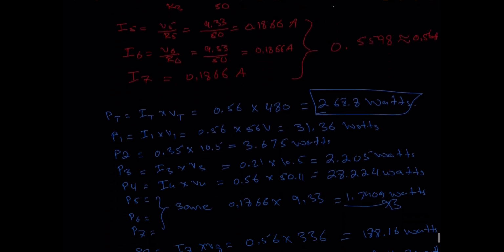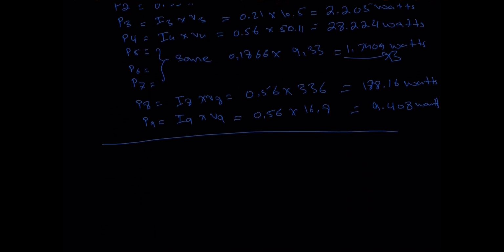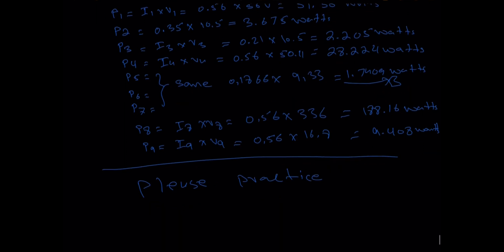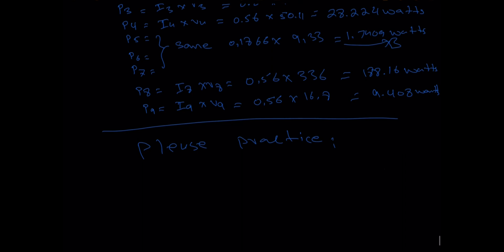Hopefully these examples were helpful. Please practice on these examples, and try to review the series and parallel circuits too. So far we solved almost 4 examples in this tutorial. Don't forget that in a series circuit, the current stays the same. The individual voltage drops sum to the supply voltage.